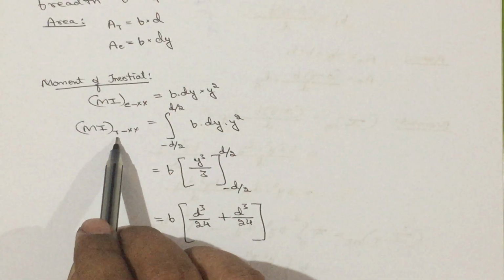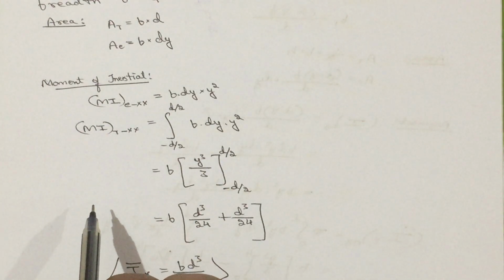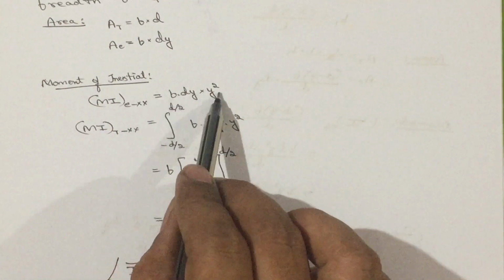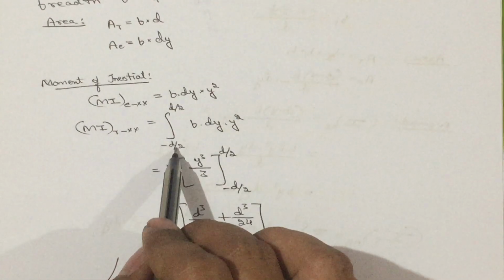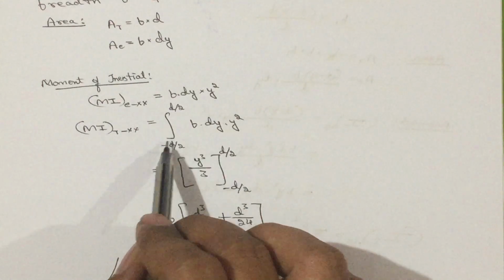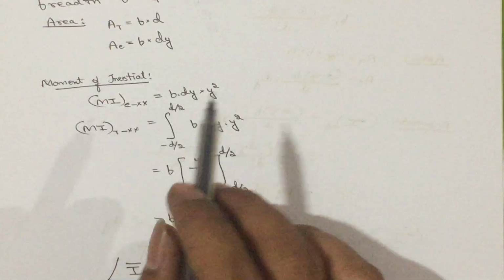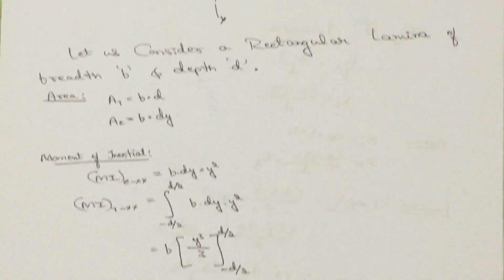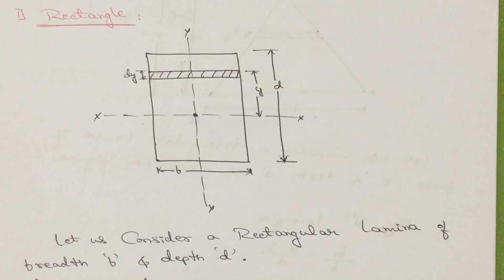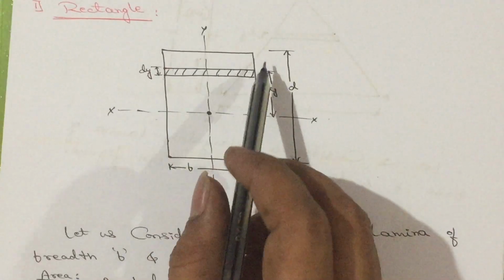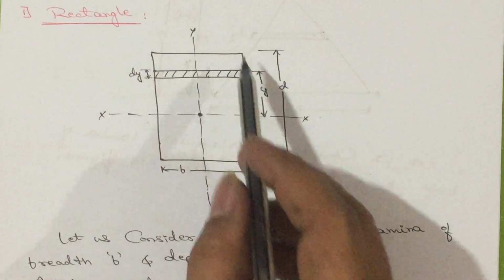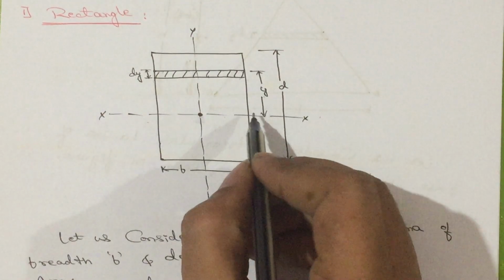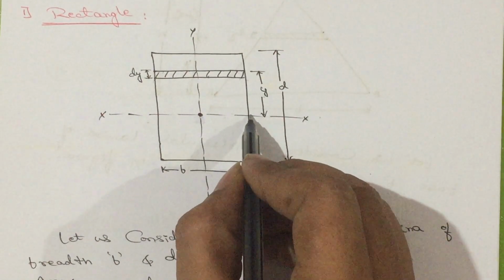Therefore, the moment of inertia of the total area about the x axis is given by, what do we need to do? We need to integrate this value with respect to some limits. What is the limit? The total depth is d, and this is the xx axis. Let us consider this as 0.